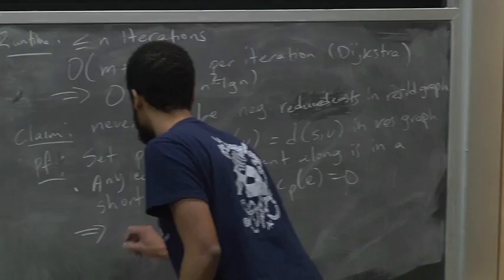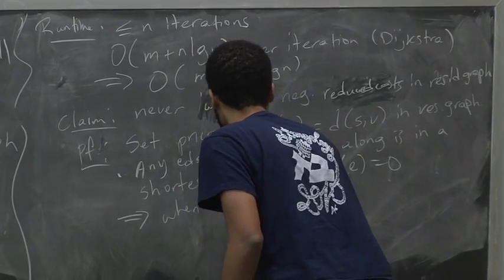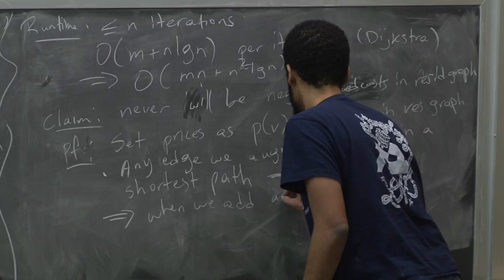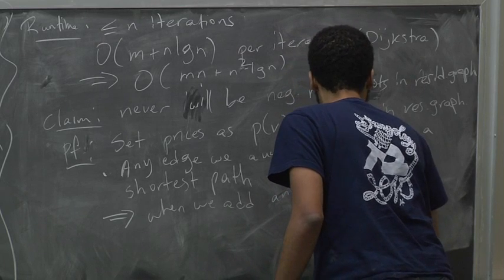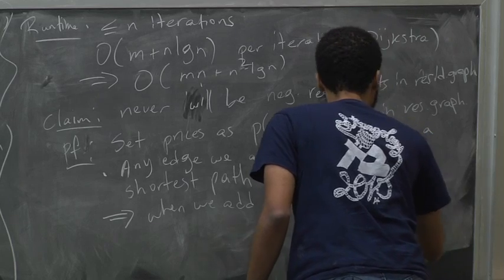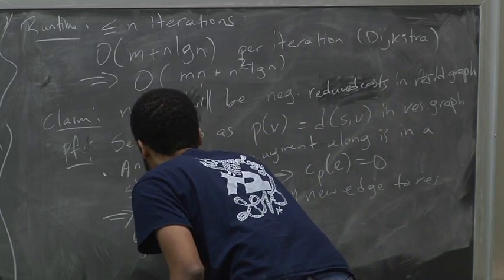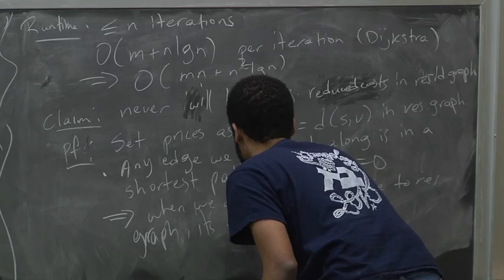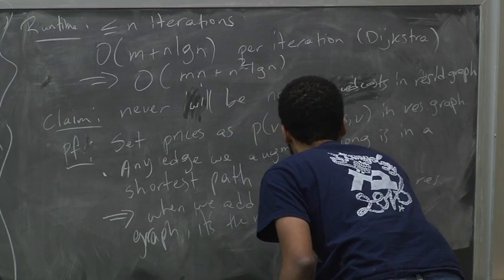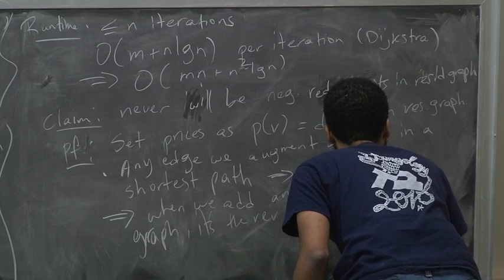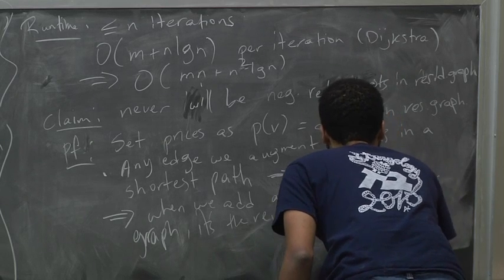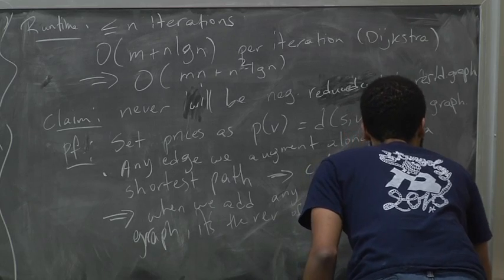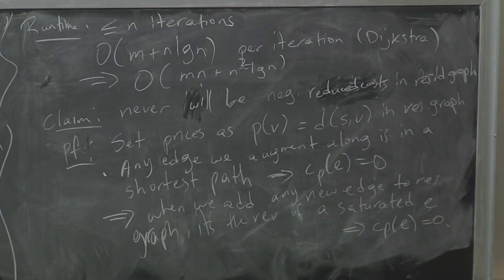This implies that when we add any new edge to the residual graph, it's the reverse of a saturated edge, which implies that its reduced cost is 0. So any edges we add in the residual graph will never be negative.